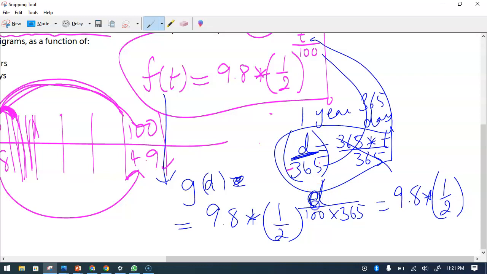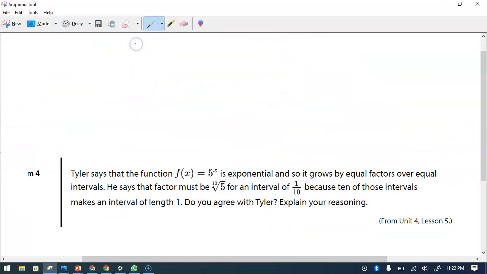I missed that d, right? You're replacing t by d. So it is d divided by 36500. So that's the expression to know each day how many milligrams of nickel stays in the dead tree after so many days, whatever the days are given to you. So hope that helps. Let's go to question number 4.